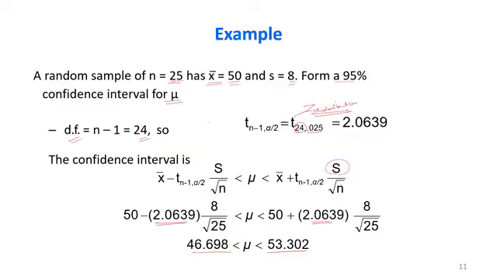Okay, and one more thing you have to remember, if your sample size is greater than or equal to 30, then instead of T distribution, you can refer to Z distribution.